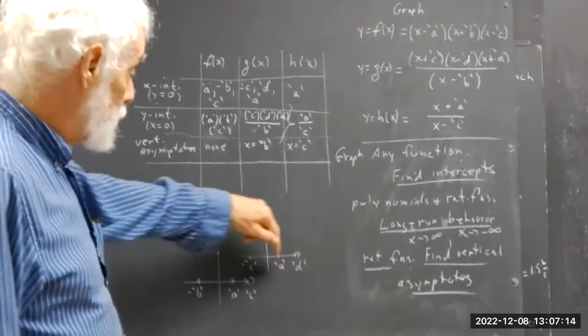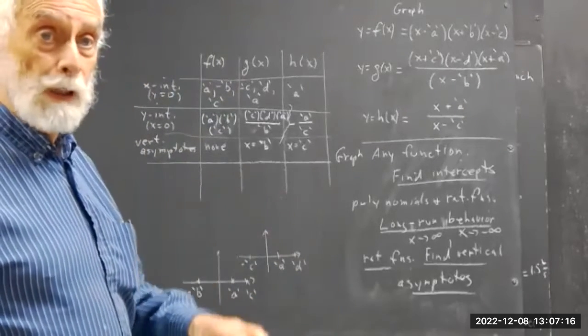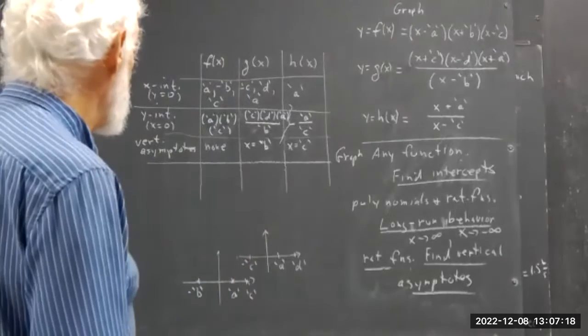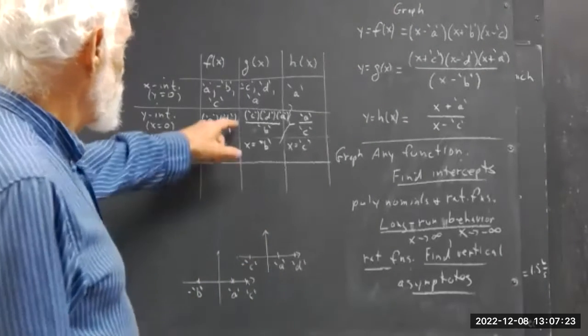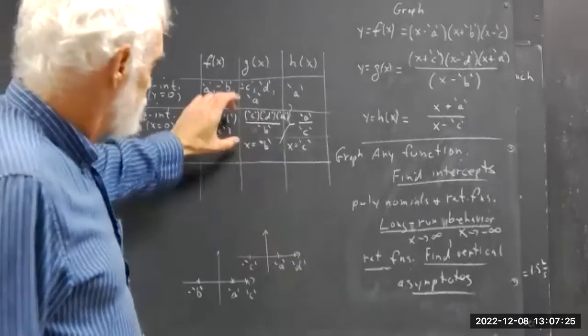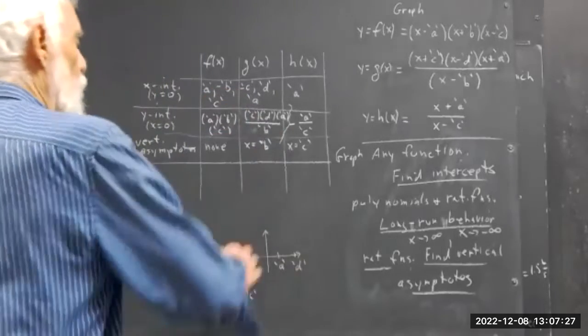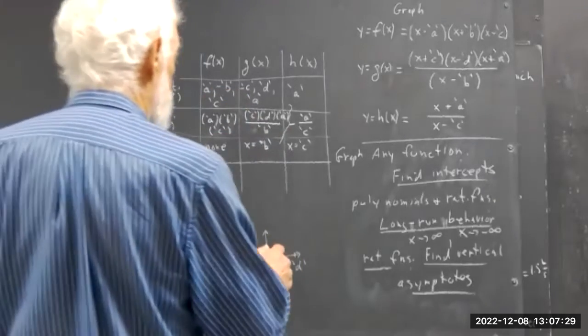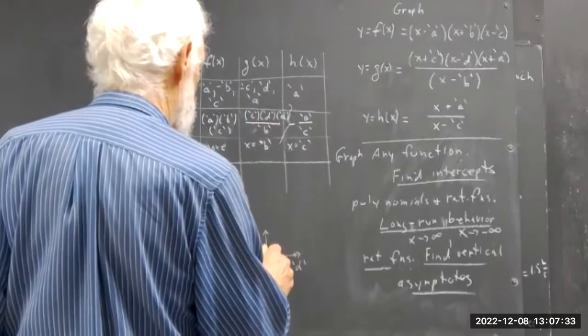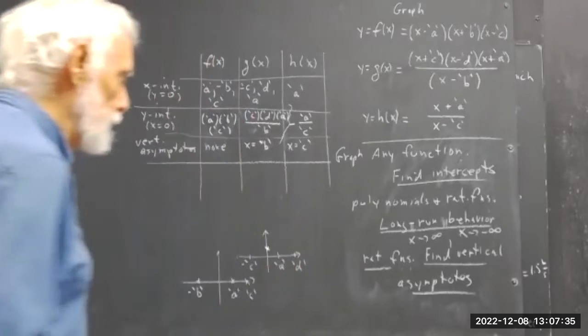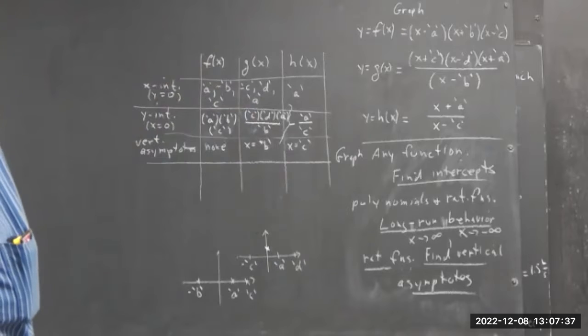The graph has to go through these points and can't cross the x-axis at any other point. We've got our vertical intercept, which is positive.